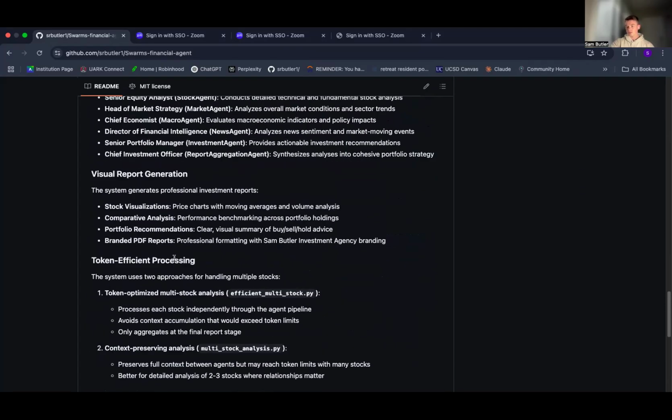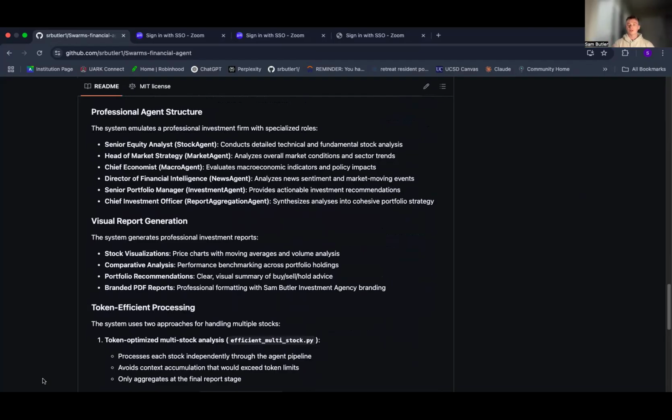Once each agent runs, it will synthesize those findings into a PDF document for Sam Butler's investment agency that is supposed to look somewhat professional, but it could use some cleaning up. It should be generating some charts and creating some sort of proxy for what a report may look like if you were to scale this out and make it pretty comprehensive.